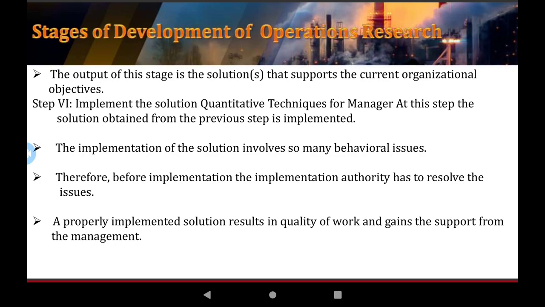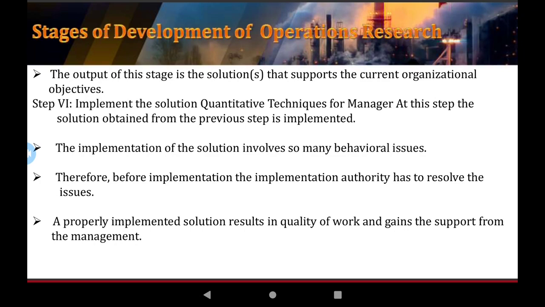Step 6 is the solution, in quantitative techniques for managers. At this step the solution obtained from the previous steps is implemented. This is part of operation research and quantitative techniques for managers. अन्य solution को find out करने के लिए, पहले स्टेप को इम्प्लीमेंट किया जाता है यहाँ पे। The implementation of the solution involves many behavioral issues.